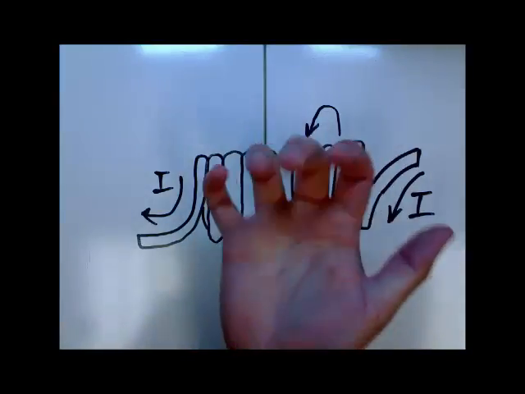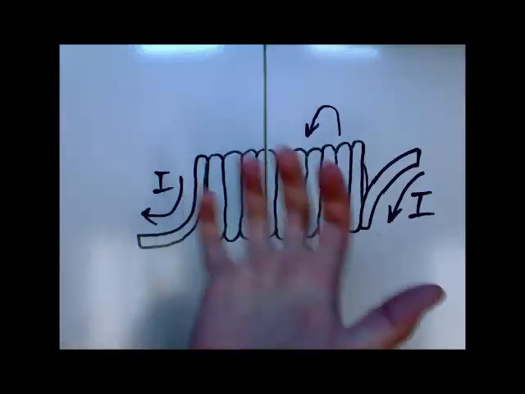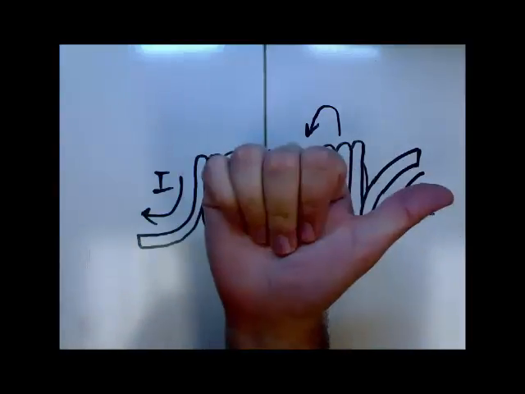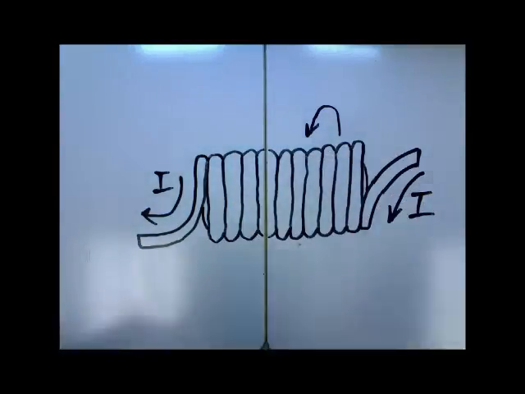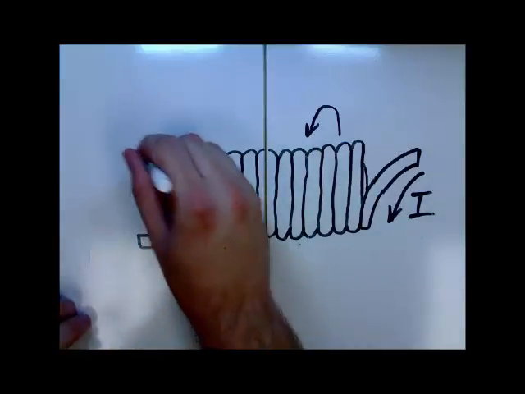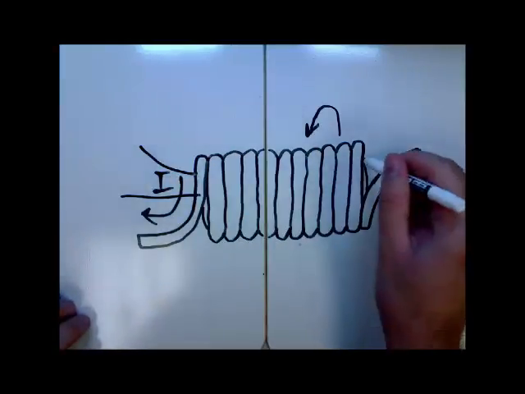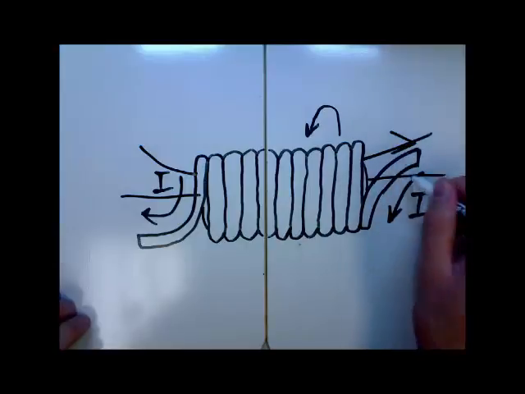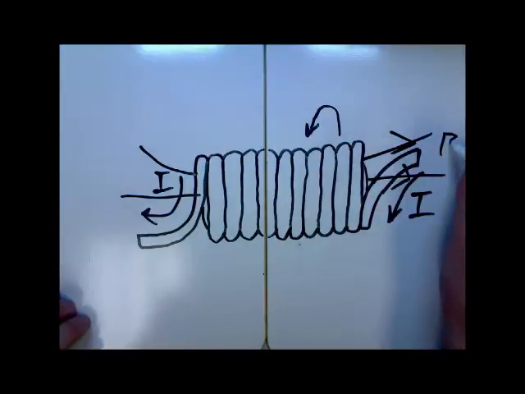If we curl our fingers in the direction that the corkscrew travels, then our thumb will point in the direction of the magnetic field inside the solenoid. This gives us the magnetic field within the solenoid.